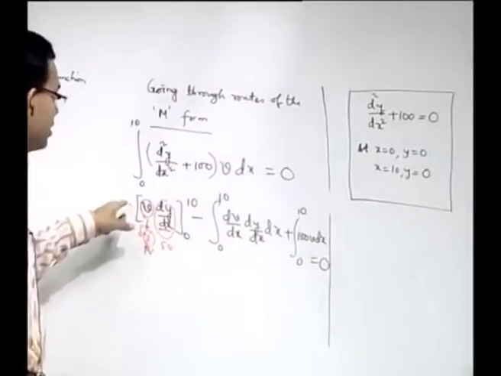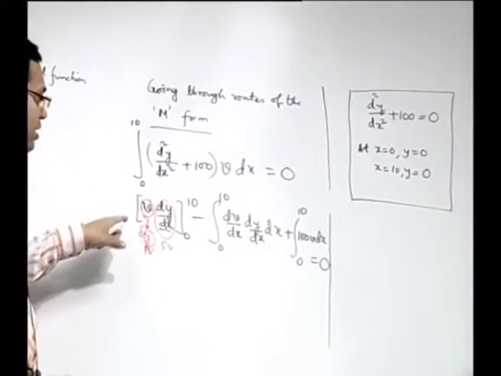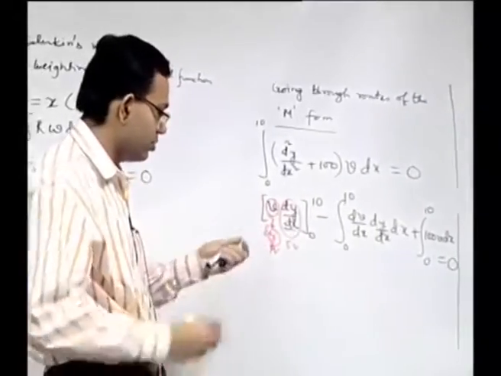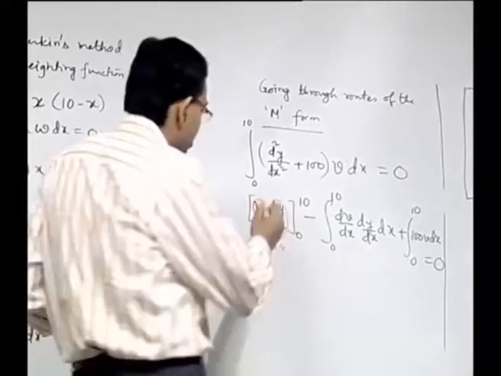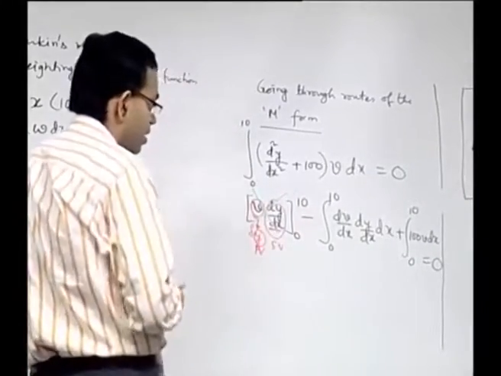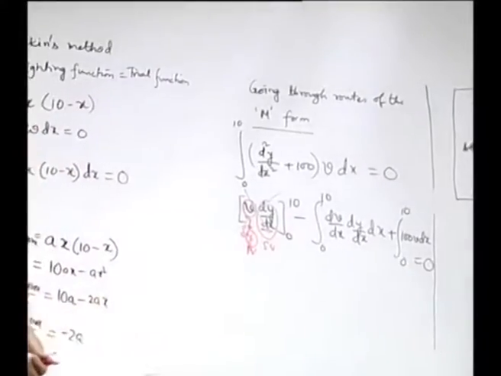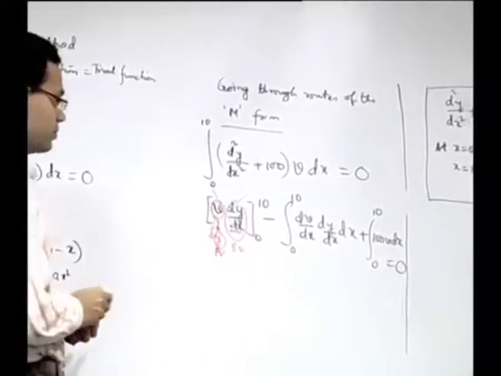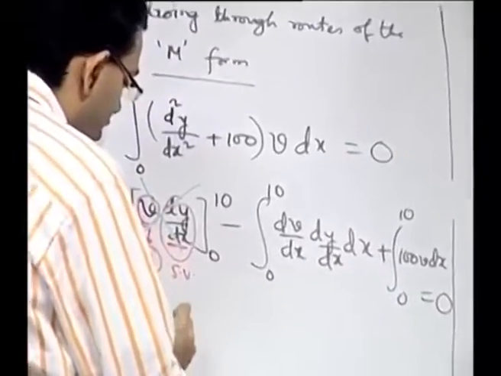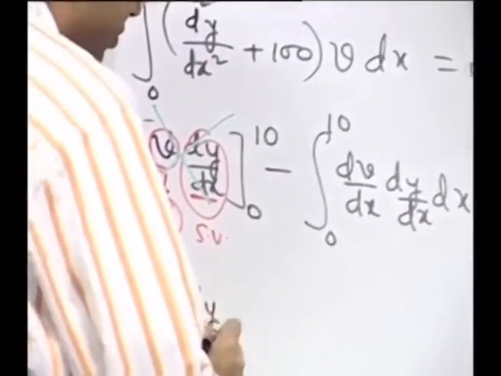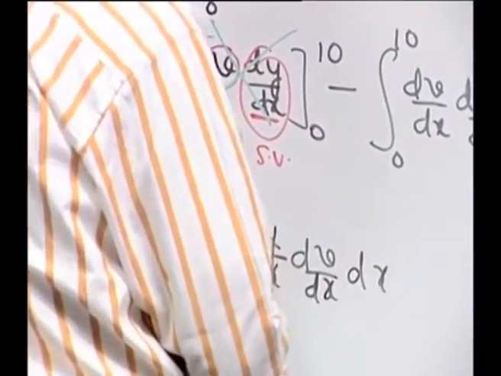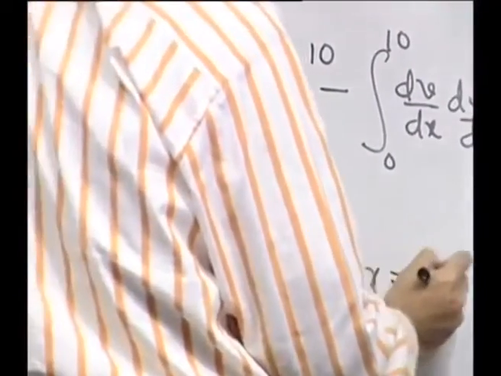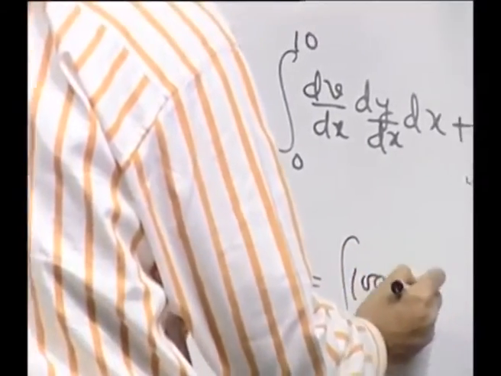So, that means you have V equal to 0 at both x equal to 0 and x equal to 10. So, this term is no more important, becomes 0. Once this term becomes 0, you are left with integral of dy dx dv dx between 0 to 10 is equal to integral of 100 v dx.